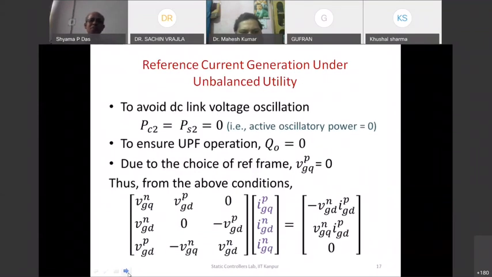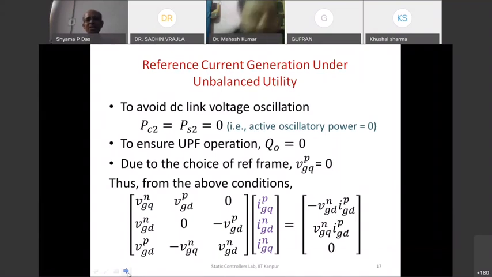Now, we have already discussed that our objective is to make the power oscillation equal to 0. And power oscillations can be made equal to 0 by making the oscillatory component of the real power equal to 0, PC2 and PS2 equal to 0, which means the active oscillatory power should be equal to 0.